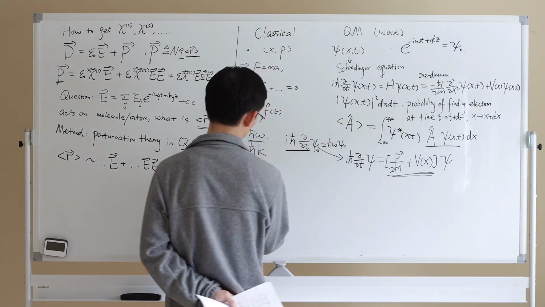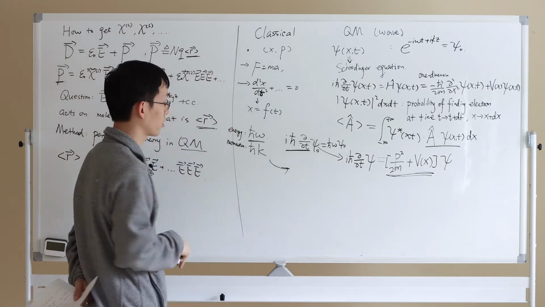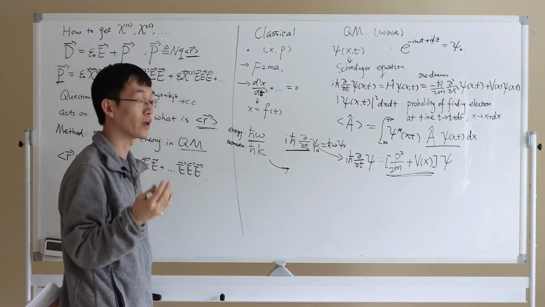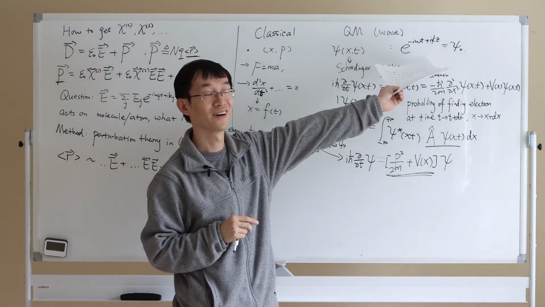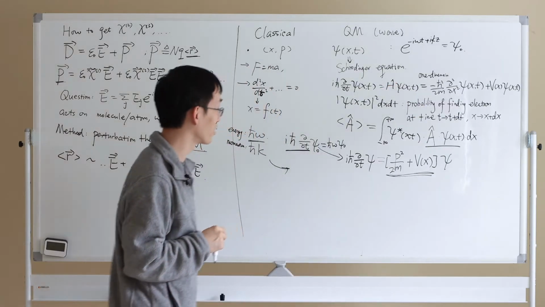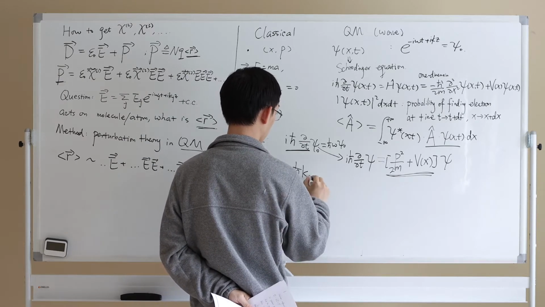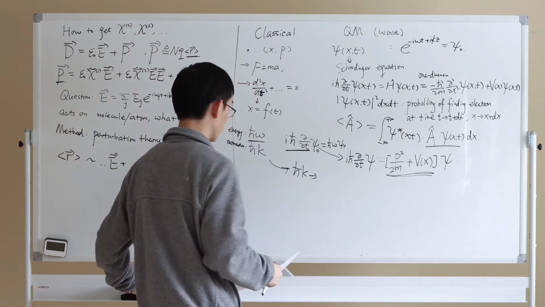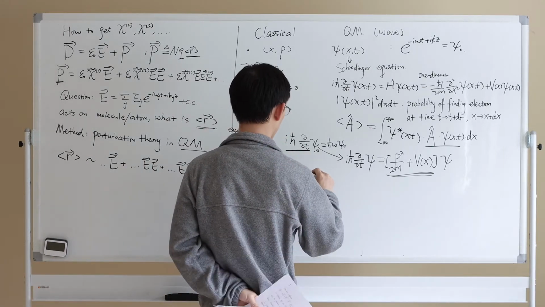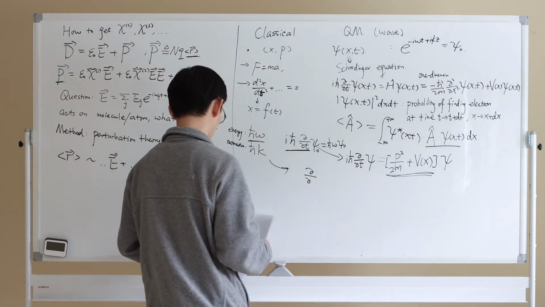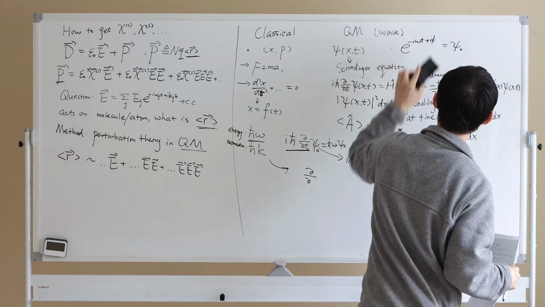So that's where this is going to come into play. We know that momentum can also be written as h bar k for a wave. So how do you get h bar k for a wave? Again, we use the plane wave assumption. You can see that h bar k can come from a partial derivative. Let's not use z, because our wave is a function of x. Let's say x.